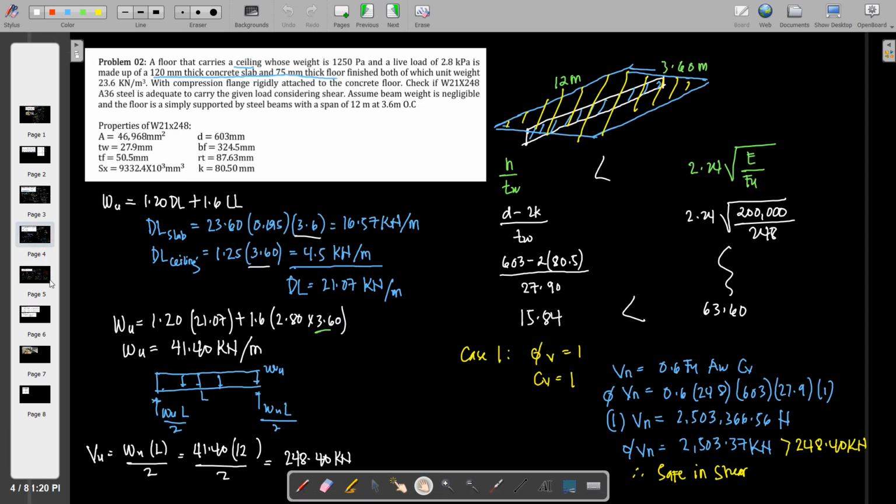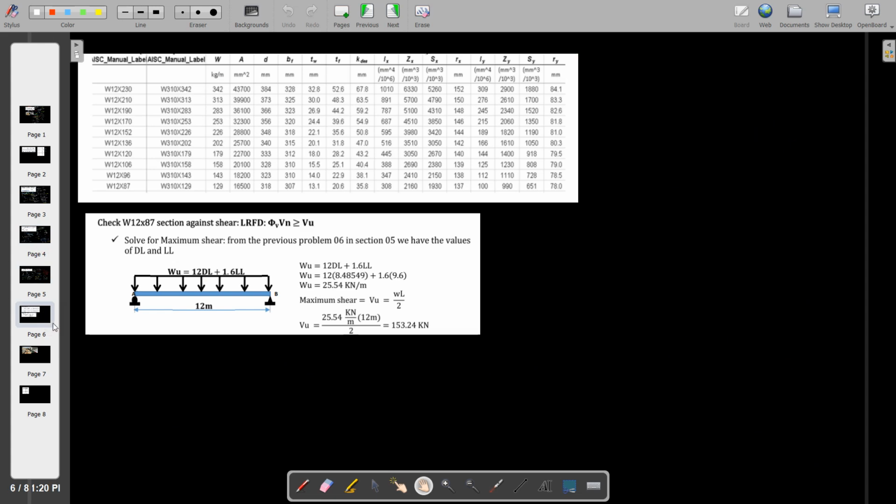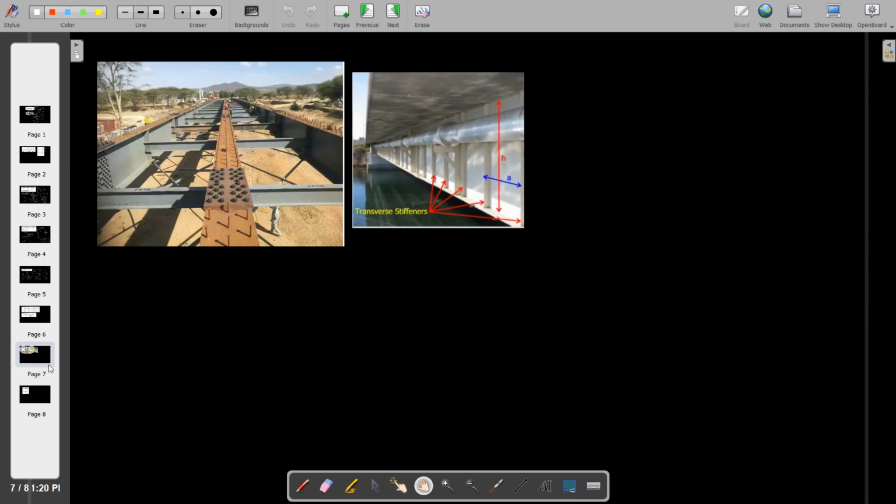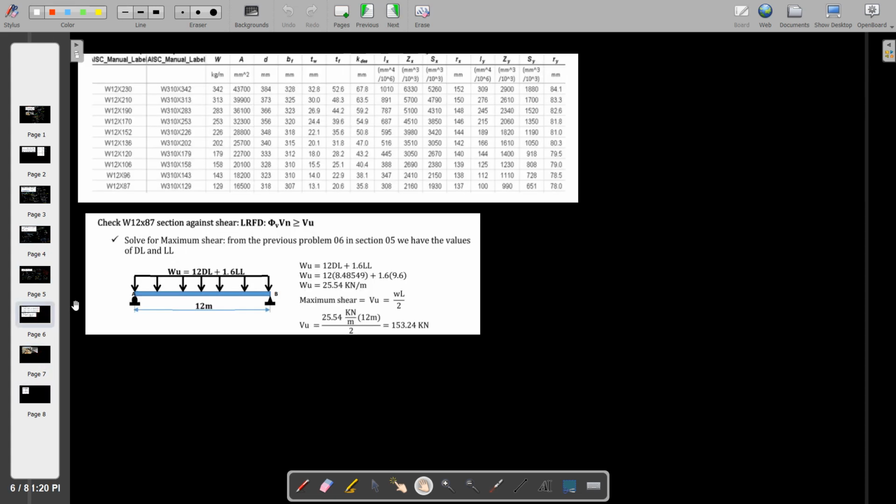Okay, so I think for your exercise, you should have to solve this one. Just bear in mind that we have here the value of the dead load, and this is the value of the live load. So in our table, in the checking here, of course, the same procedure.